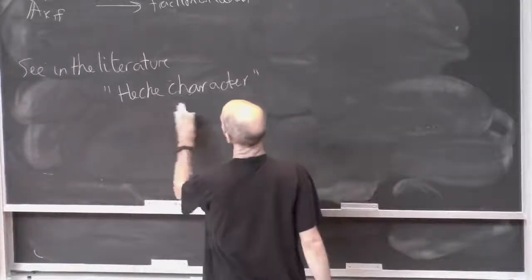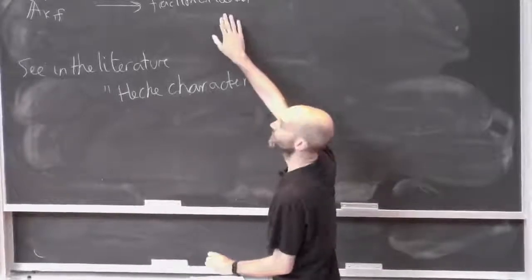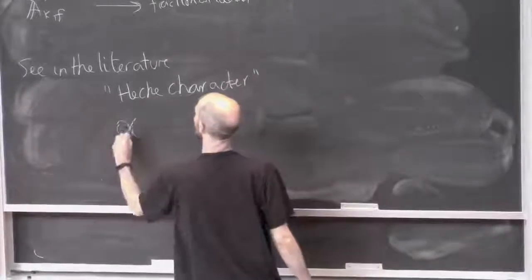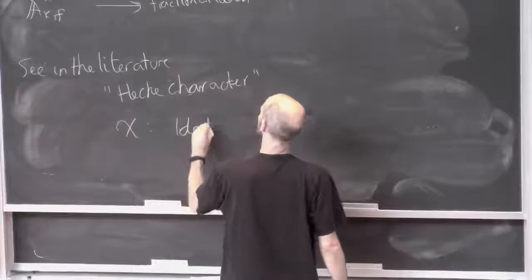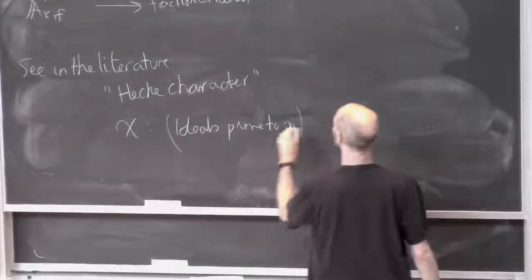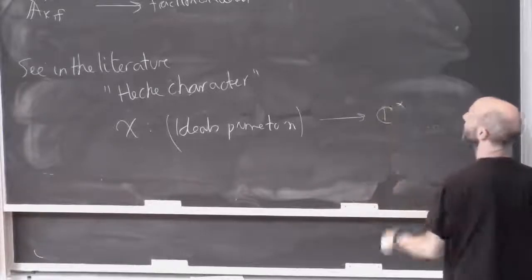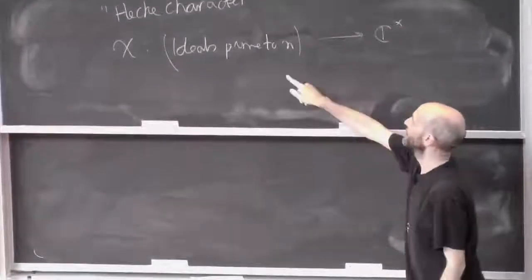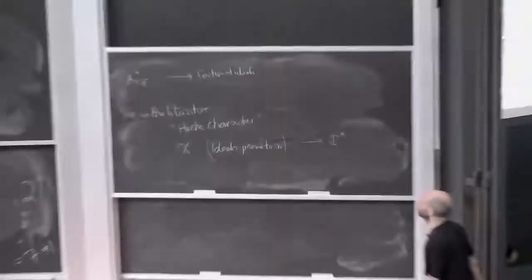So you see Hecke characters, which are characters of ideals. You see chi from ideals prime to n to the complex numbers. But you don't just take a random chi on ideals prime to n.